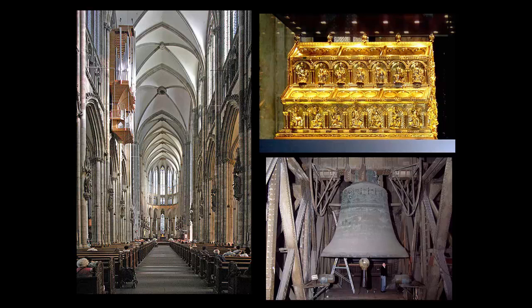And the bell that was cast, the largest bell ever cast from iron, is extraordinarily heavy. You can see that's a person standing beneath it. It's in fact rare that they even ring it, because they're worried that it's so old that the metal might shatter.